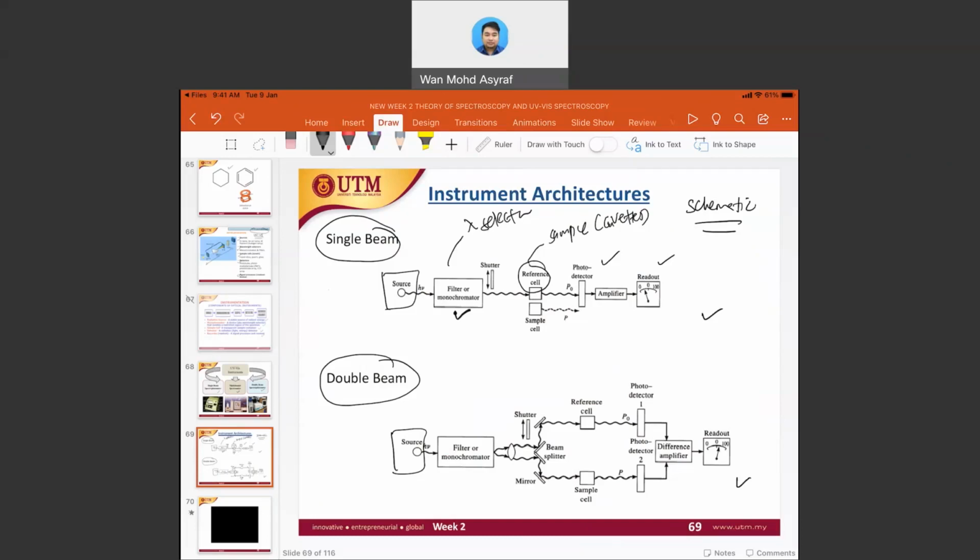But in a double beam, you would see that from a single source, it flows into the monochromator. Here you select your intended wavelength. So that intended wavelength will be divided into two. Where you can see that the measurement of your reference cell and the measurement of your sample cell is done simultaneously and also being detected simultaneously, and then it is straight away giving you the readout.